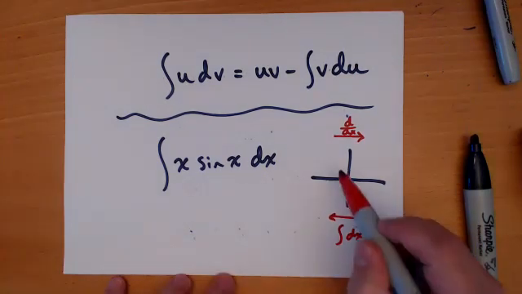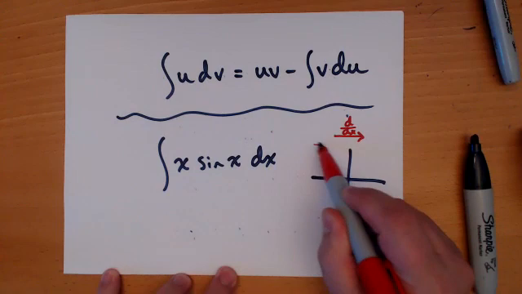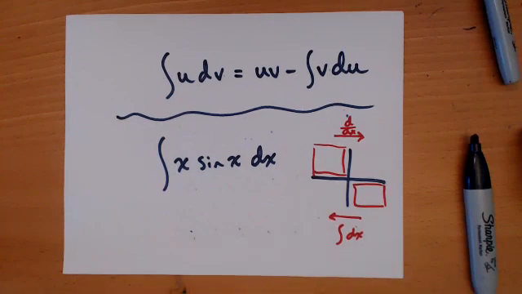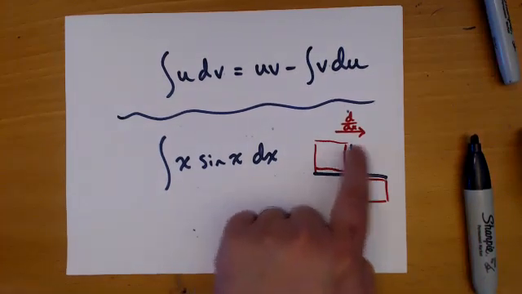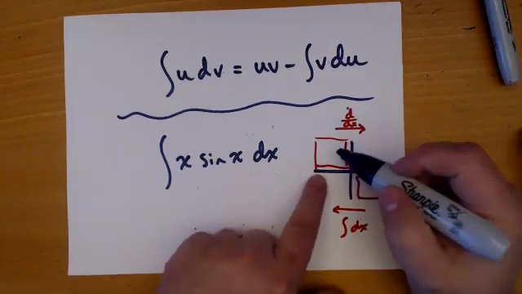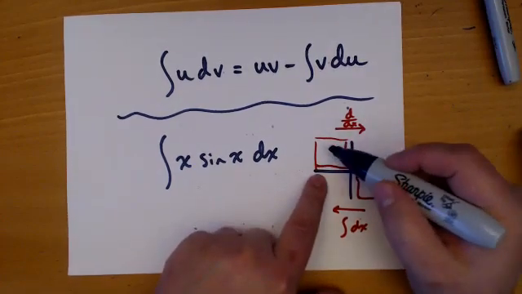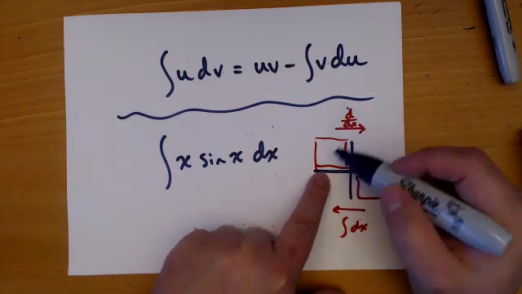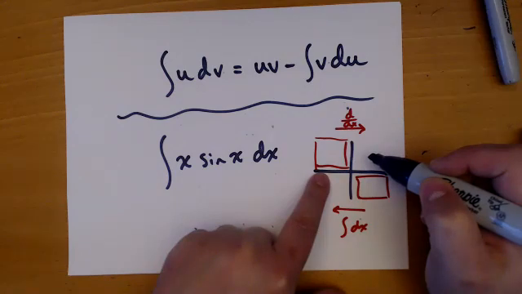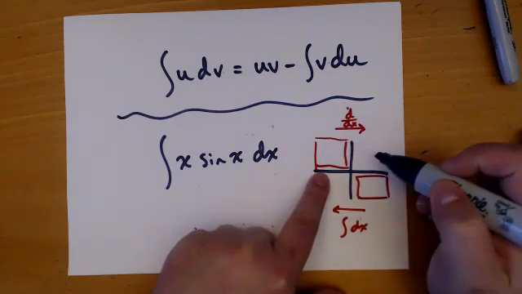And one thing is going to go here, and one thing is going to go here, and you're going to fill in all of these squares. So here's the deal. I want to put something in this red box so that when I take a derivative of it, it's very simple. I don't want to make this get worse. I want the derivative to become simple.